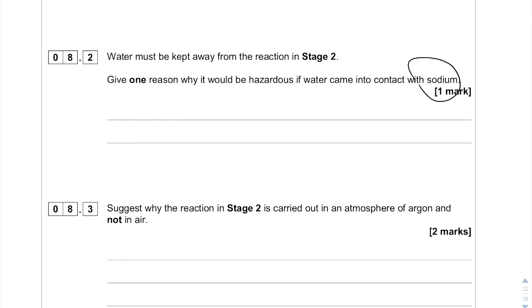Well, we know that sodium is a group 1 alkali metal, not a halogen, which reacts with water vigorously to form sodium hydroxide and hydrogen gas. So there are many ways that you can answer it. You can say it is highly exothermic. You can say that it forms a very, very corrosive base, or you can just say it makes hydrogen gas.